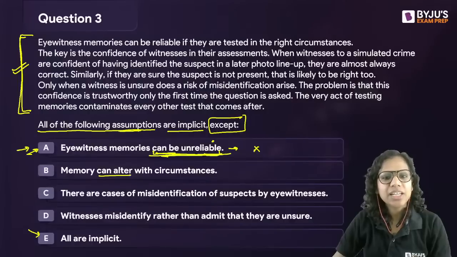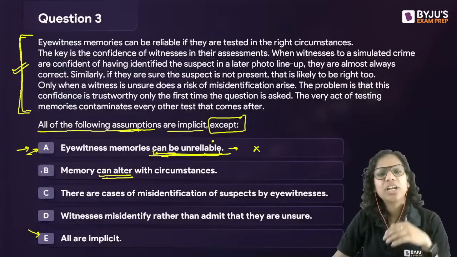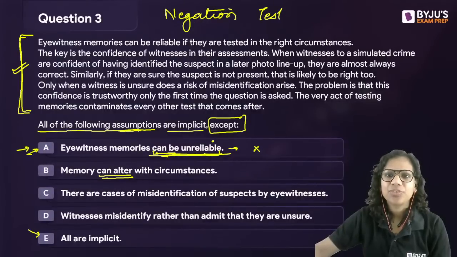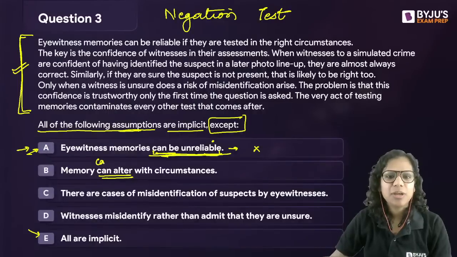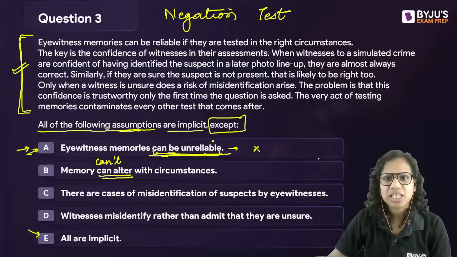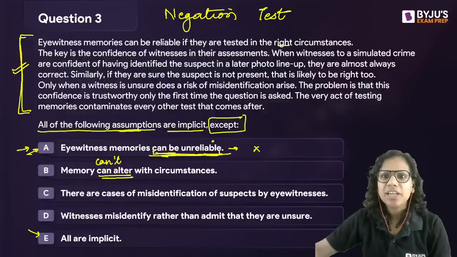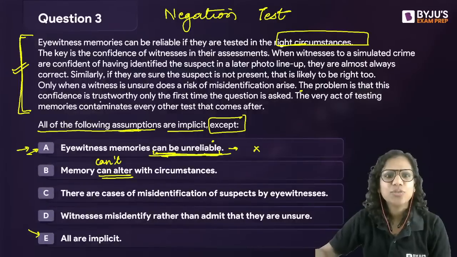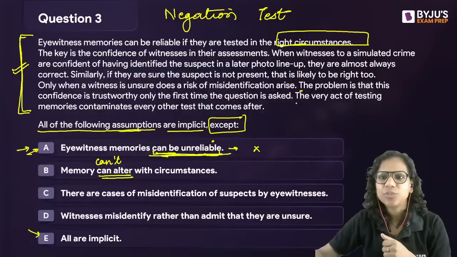Now let's have a look at this. Again, let's look at the opposite of it. Negate it. This is called the negation test. So let's negate it. Memories can't alter with circumstances. If memories cannot alter with circumstances, then why am I discussing the right circumstances? Why am I saying that this confidence is trustworthy only the first time the question is asked?